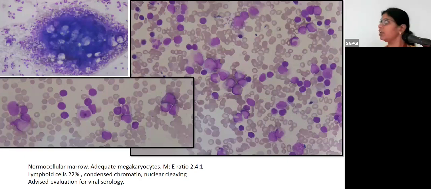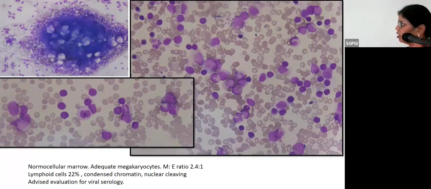A bone marrow was also done. Here you can see the particle shows a relatively normocellular marrow, and you can see a megakaryocyte here; they were preserved. Even the platelet count was preserved in the peripheral smear. Here you can see the presence of granulocytic precursors in fair numbers, and there were erythroid precursors also. But interspersed in between were these cells of interest.